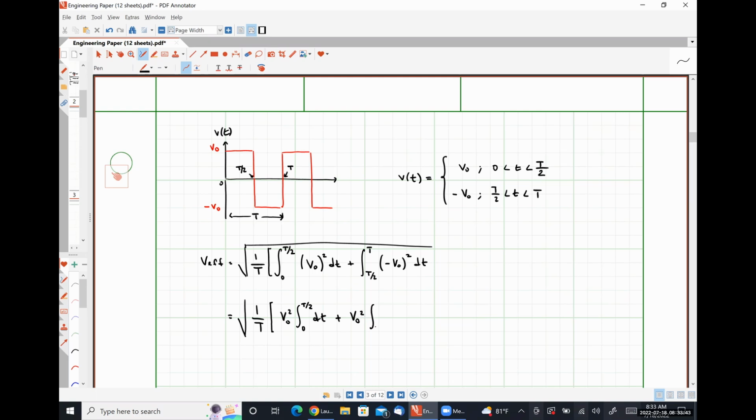Integral from T over 2 to T dt. Sorry, I forgot to close my bracket over there.